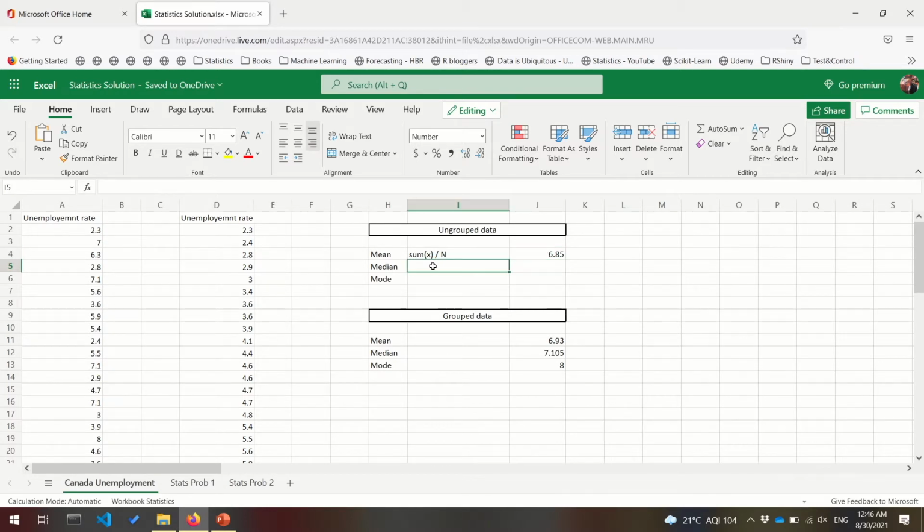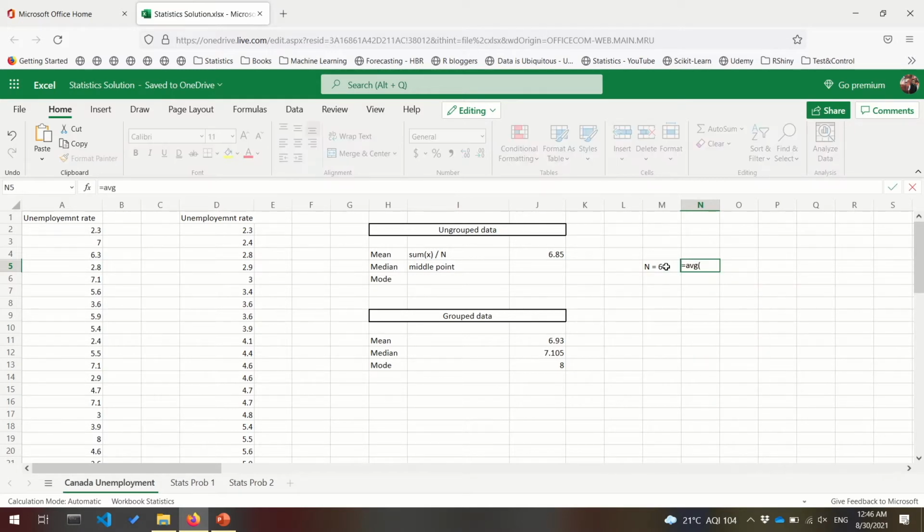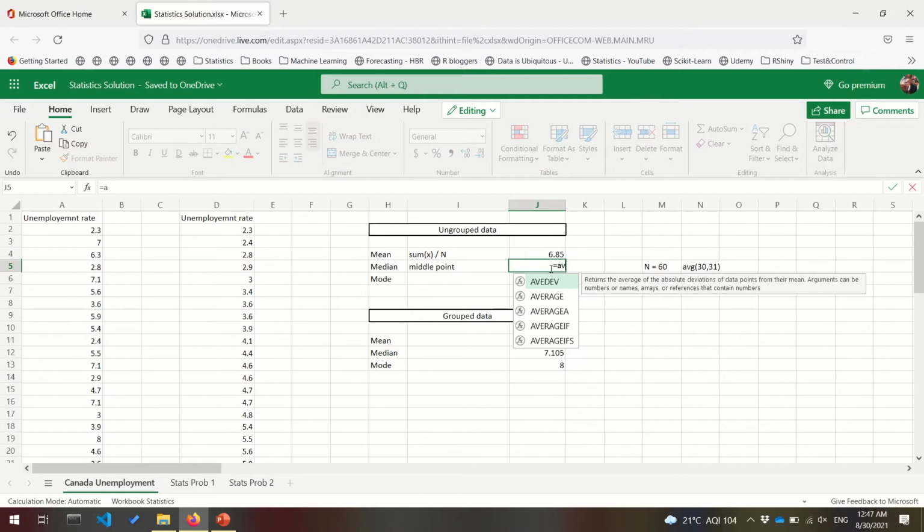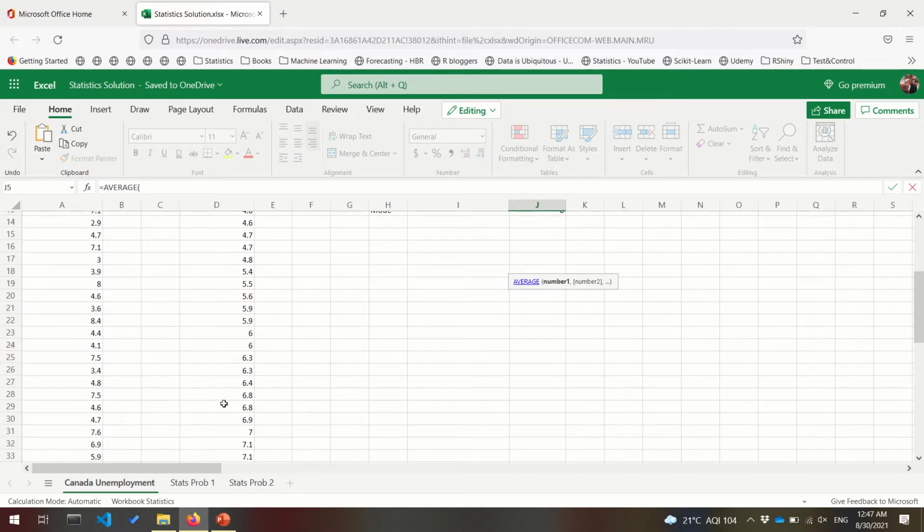Now median is your middle point. Here, n is equal to 60, right? So it's an even number. We remember that if it is an even number, then it will be the average of your middle points, which are the 30th and 31st data points. So let's take it out: average of the 30th and 31st.